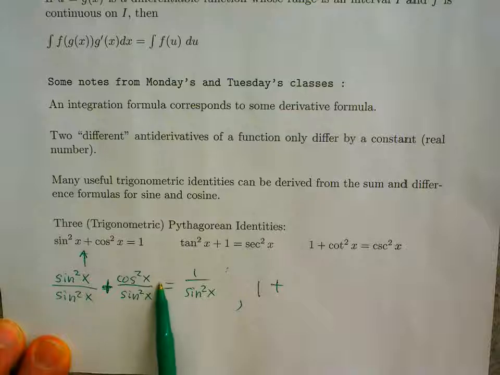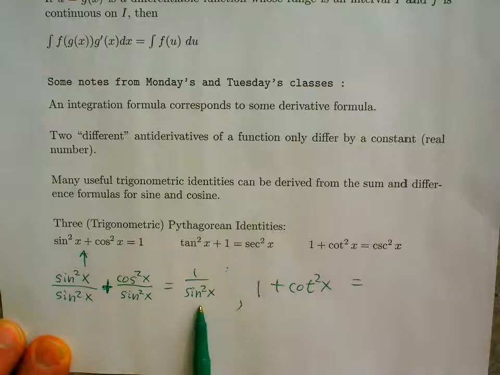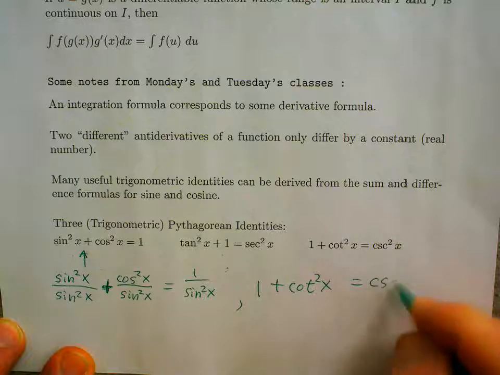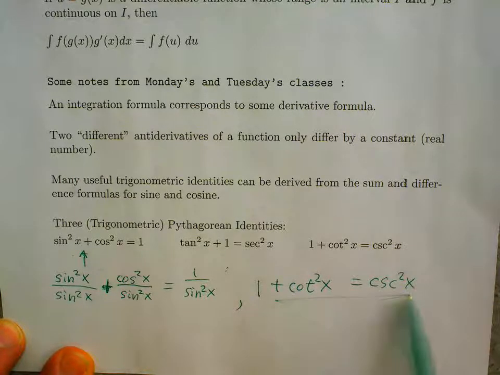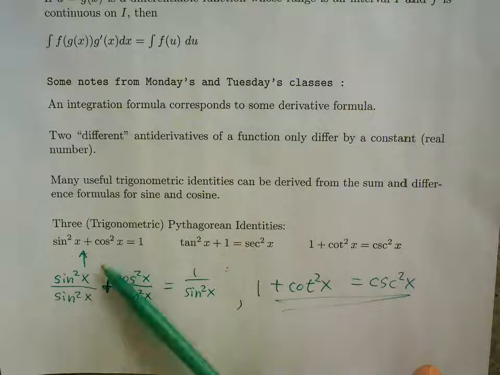Cosine of x squared divided by sine of x squared is cotangent of x squared. And 1 over sine of x squared is cosecant of x squared. Okay, so you can always derive 2 of those by using the third one.